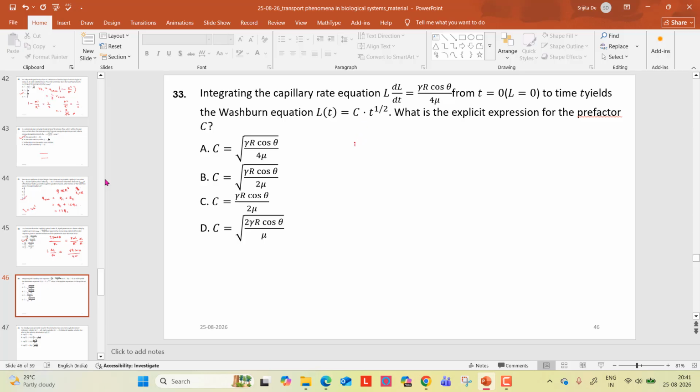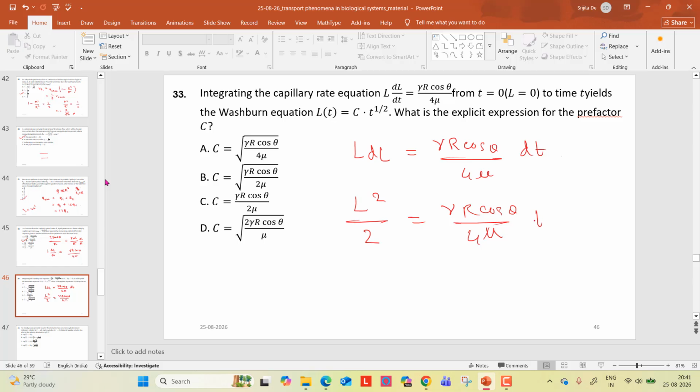L dl equals gamma r cos theta by 4 mu into dt. If you integrate it, it will be L square by 2 equals gamma r cos theta by 4 mu into t.